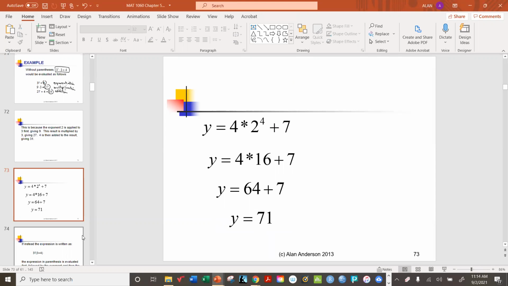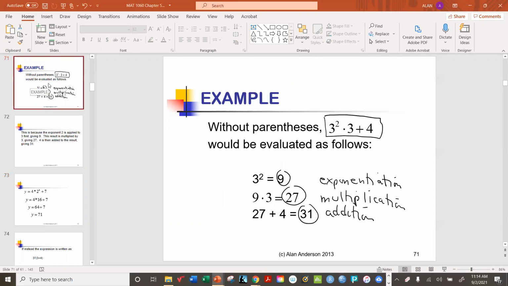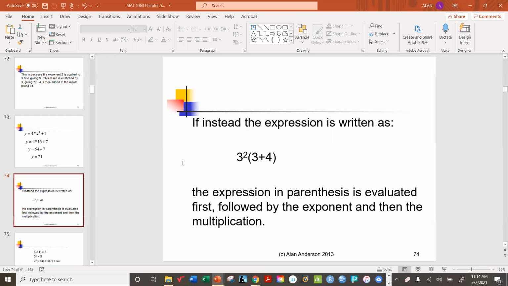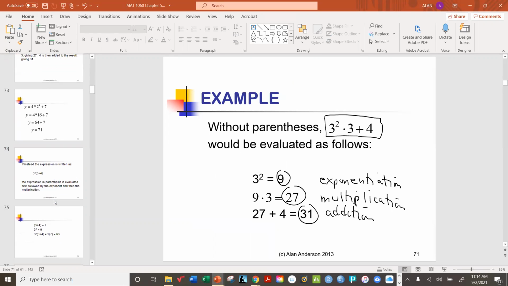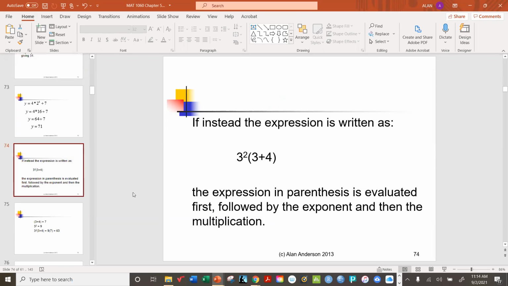Okay, now let's go back to this example again. I've made a slight change to it. I've introduced parentheses. So let's see how that affects our results. Remember, here it was 3 squared times 3 plus 4, but now I've got parentheses. How's that going to change my results, do you think? What has to be first?